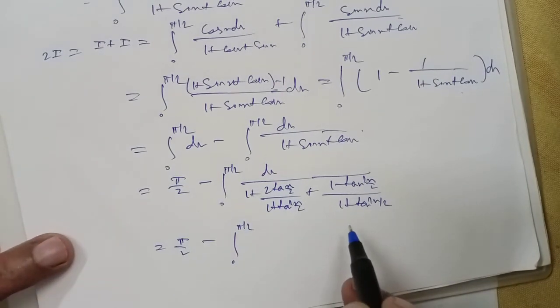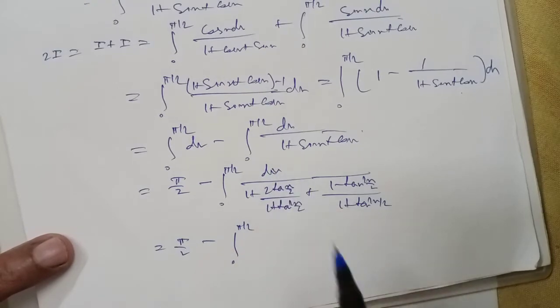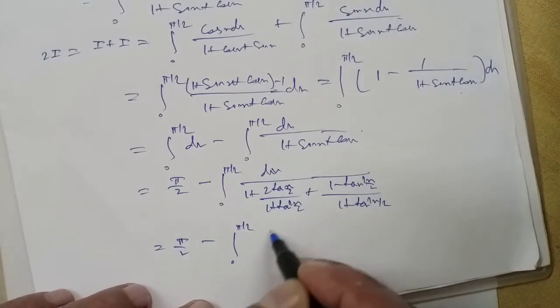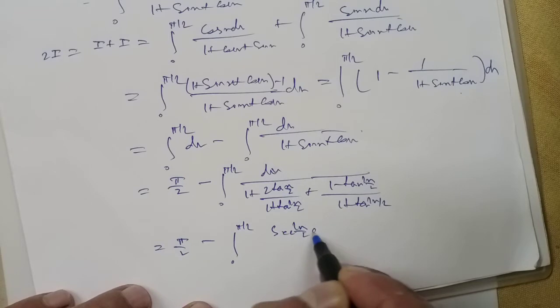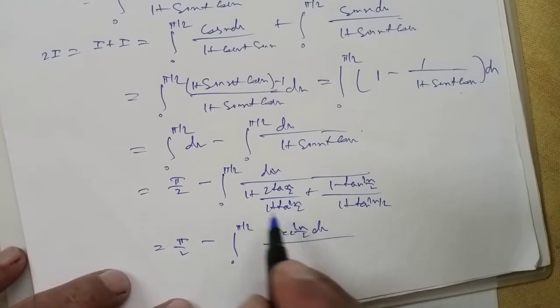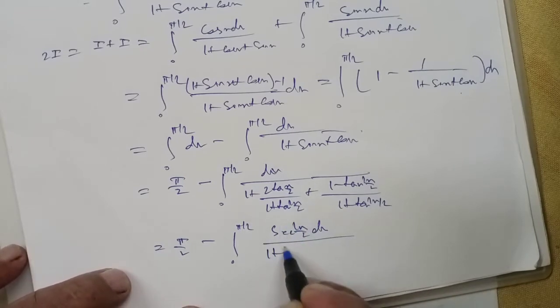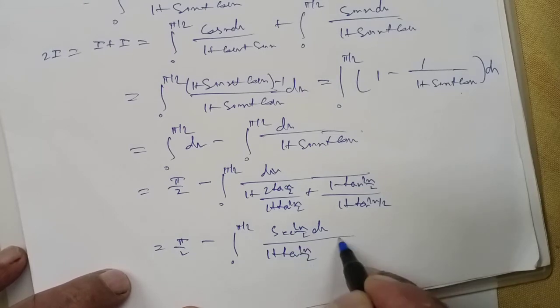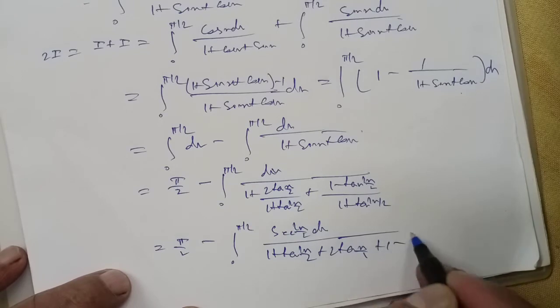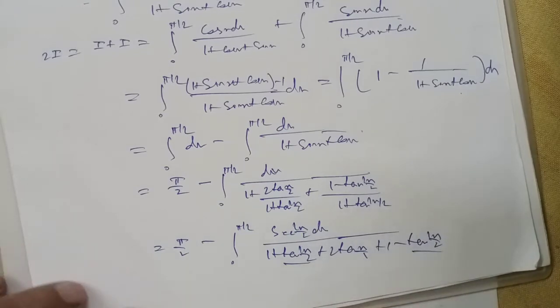This 1 plus tan square x by 2 will become sec square x by 2. I am writing here sec square x by 2 dx by, here it is 1 plus tan square x by 2 plus 2 tan of x by 2 plus 1 minus tan square x by 2. These two terms cancel each other.